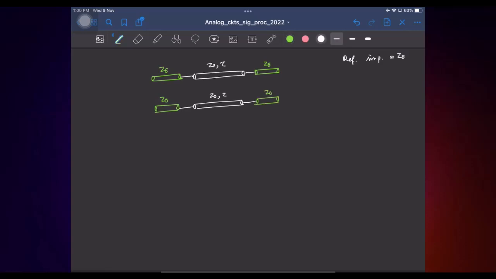So let's say I want to find S11, that is basically V1 minus by V1 plus, when I put the reference impedance at the second port. So at this end, the voltage is V1 plus, V1 minus. What is S11?